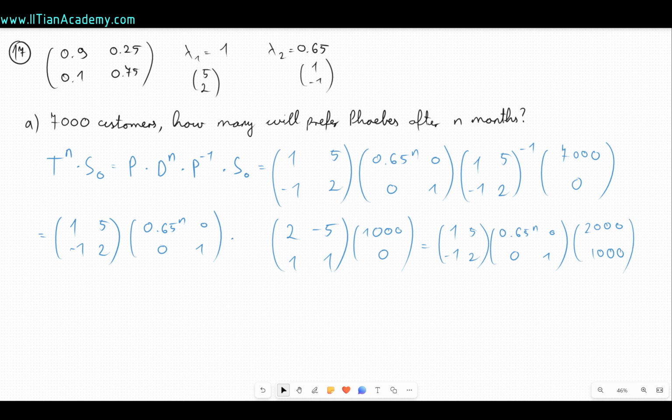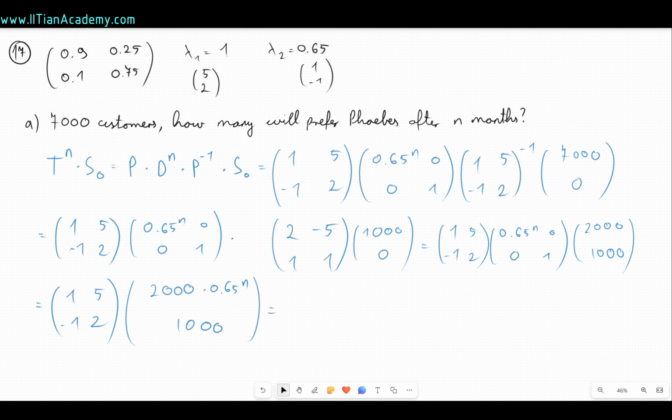Then we continue multiplying this, again from the right. So 1, 5, -1, 2. And when we multiply this, this will be 2,000 times 0.65 to the n and 1,000 on the bottom.